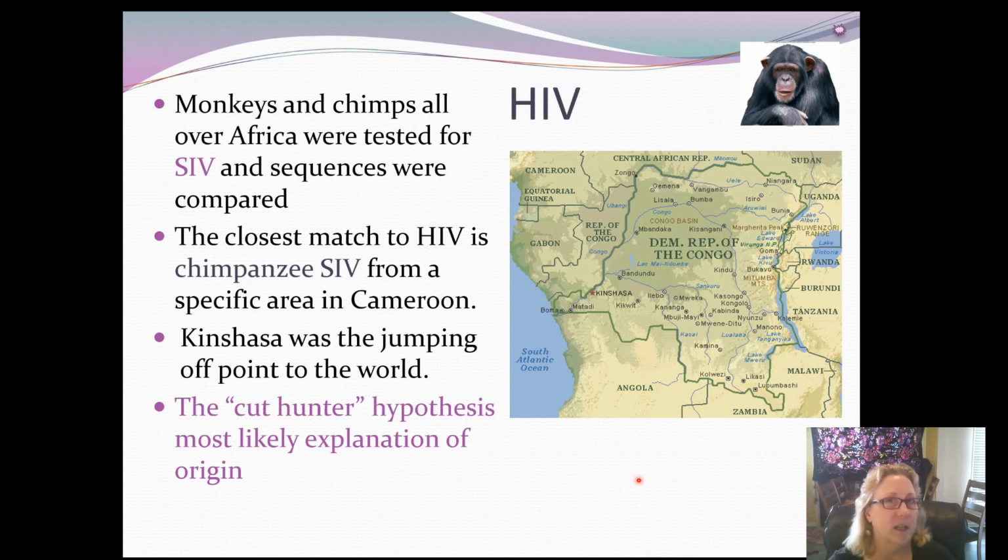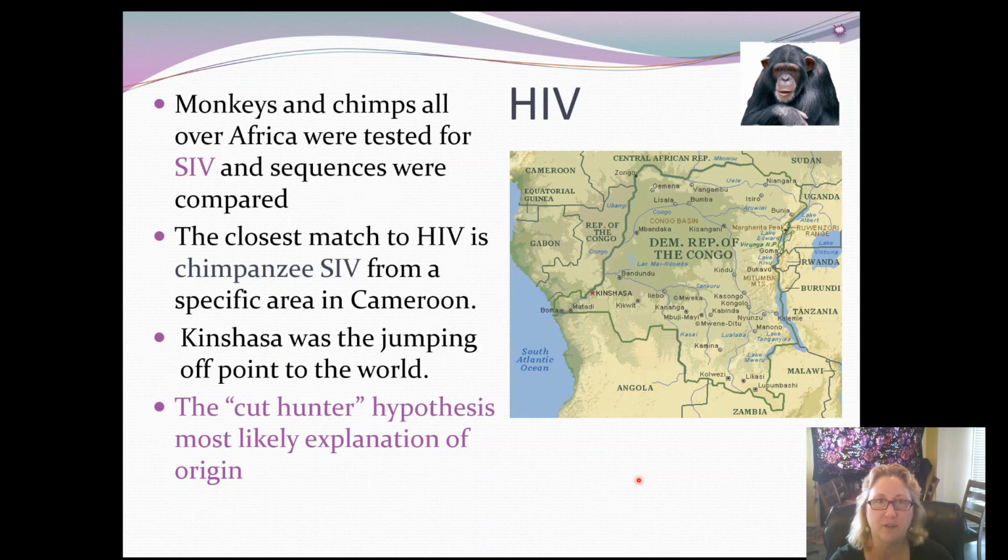It's very easy to cut yourself when you're butchering an animal. So somebody was butchering a chimpanzee that was infected with SIV. They cut themselves. Some of the chimpanzee's blood got into their blood, and it was just close enough to the human receptor that this SIV was able to bind and enter human cells.